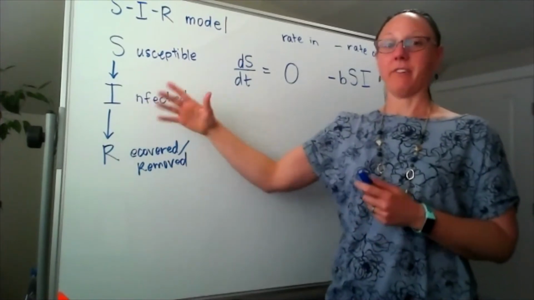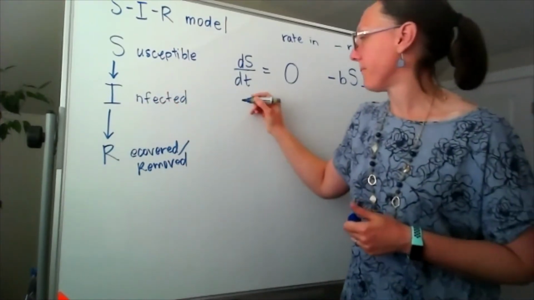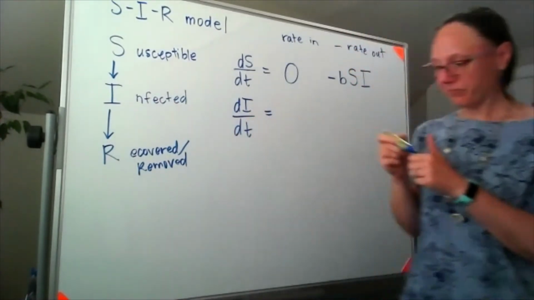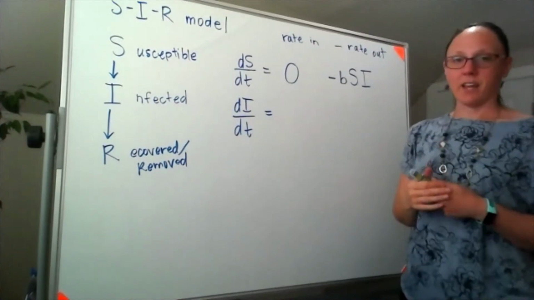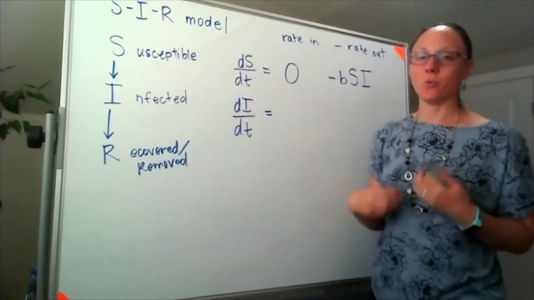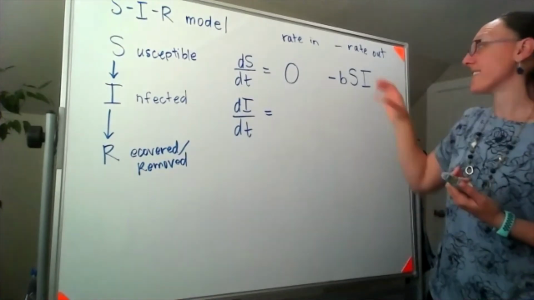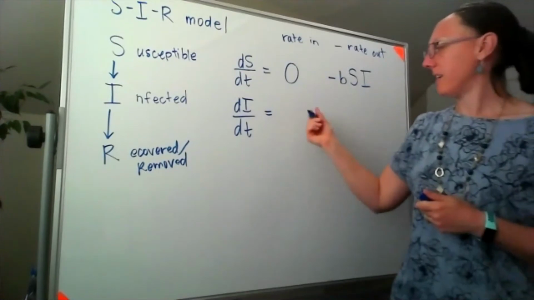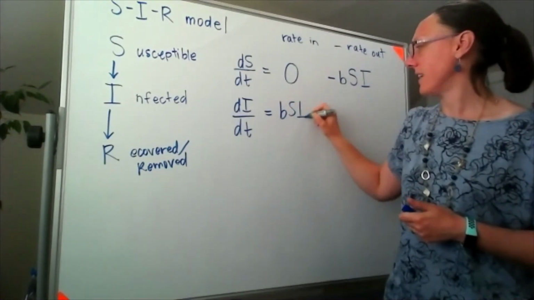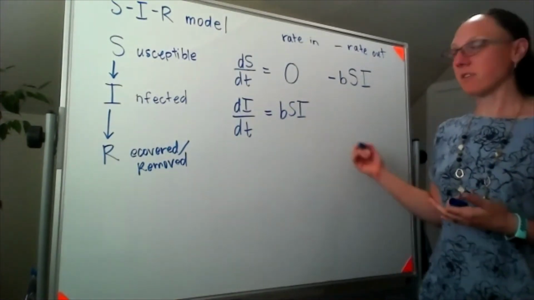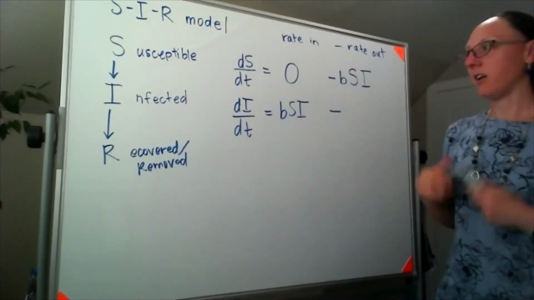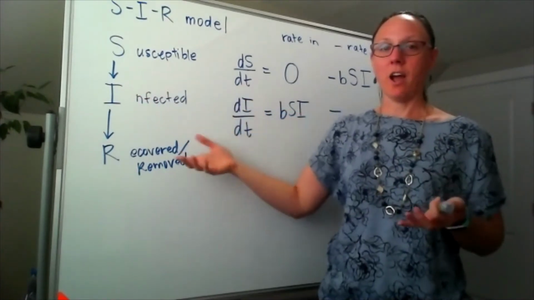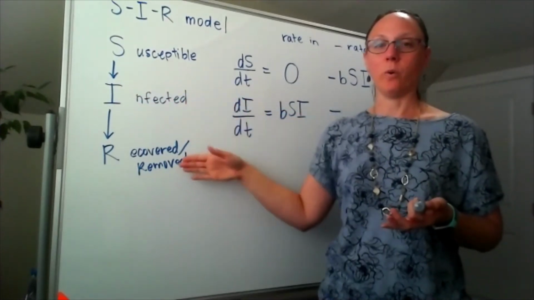Now let's look at the number of infected individuals. Well, for that rate in, the people that are moving into that infected phase are the ones that are coming out of our susceptible phase, which means that rate in is BSI. Now, in terms of the rate out, here we want to think about a certain percentage of the individuals who are infected will recover.